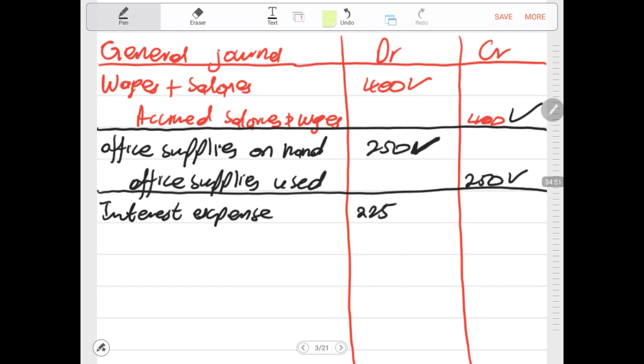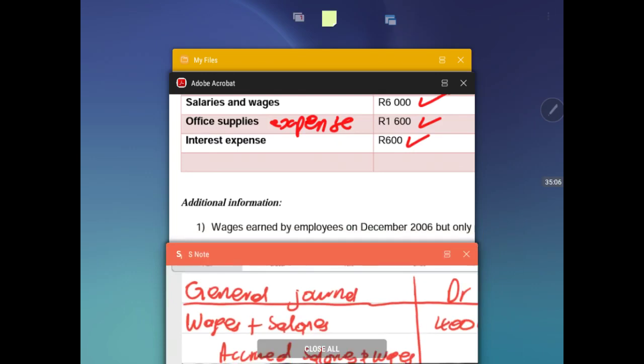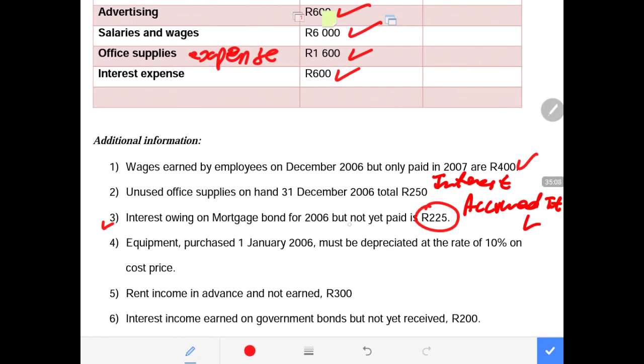So we debit 225 and we credit accrued interest. This will be accrued interest, meaning interest not yet paid, and any expense that is not yet paid is a liability. Hence we increase our liability by 225.